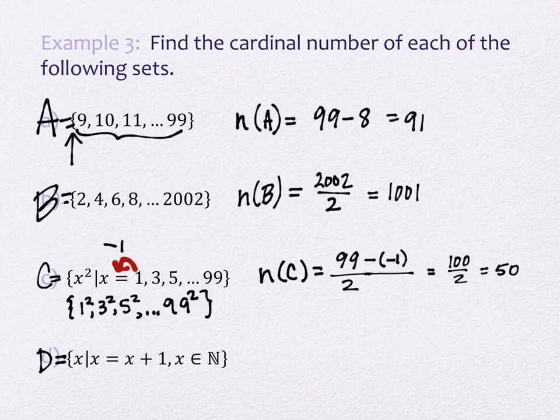Okay, the last one says that we're looking for all x such that x is equal to x plus 1 and x is a natural number. So we have to make this equation true. Can you give me an example of a number that makes this equation true?